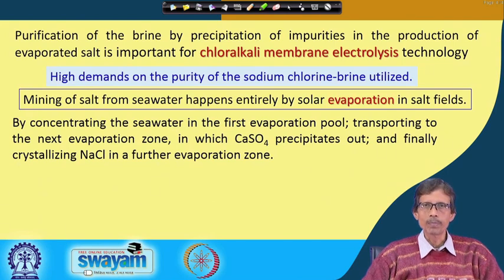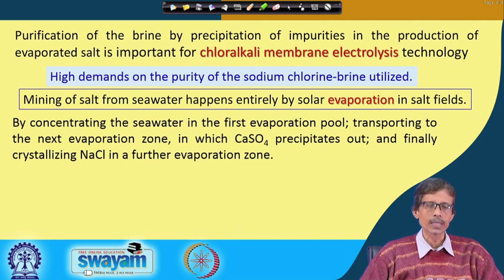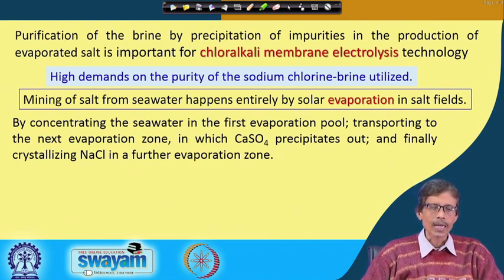During that precipitation, we should know that we are looking for a very highly concentrated solution of sodium chloride, and by that time, if your calcium sulphate Ksp value is different from the Ksp value of sodium chloride, we know the calcium sulphate will precipitate first, before your sodium chloride crystallizes out.